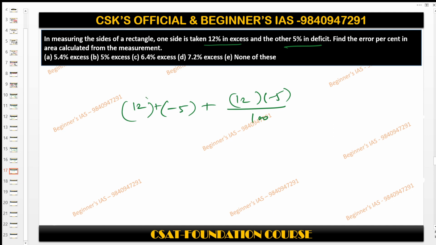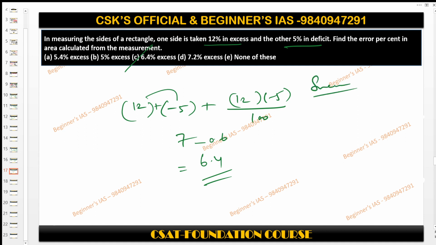So here 7, here 0.6, therefore 6.4 excess. You got 6.4 excess. So this is called successive change.